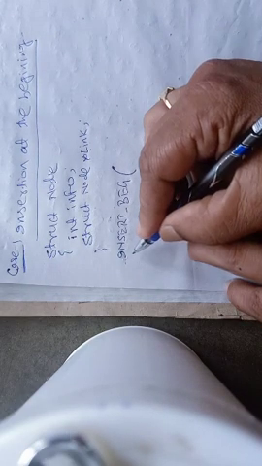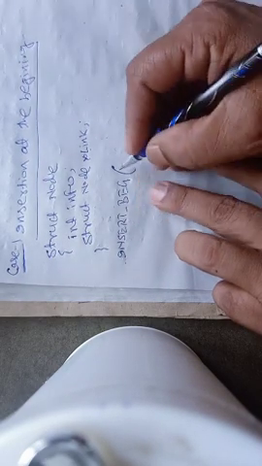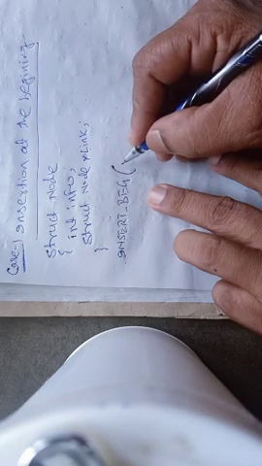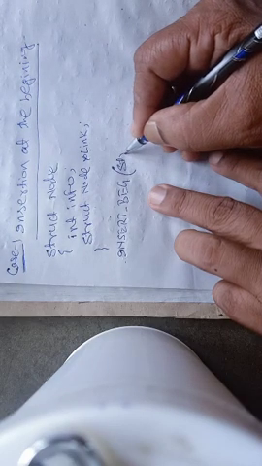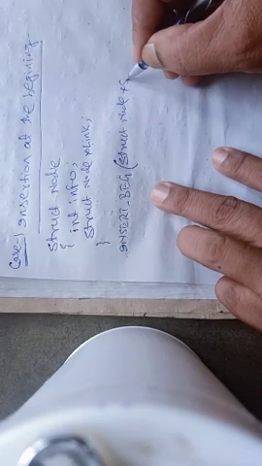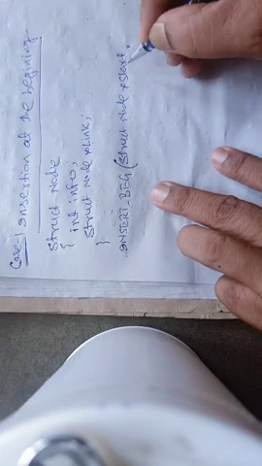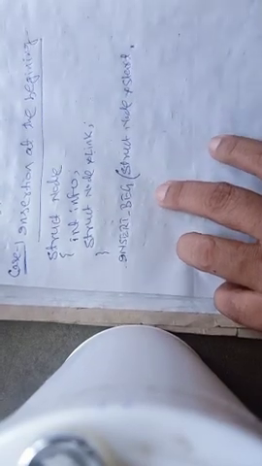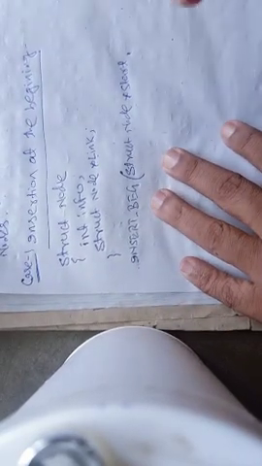Therefore, in this algorithm, the address of the first node must be passed as a parameter, and we call it struct node asterisk start. So the start pointer is the pointer which maintains the address of the first node.